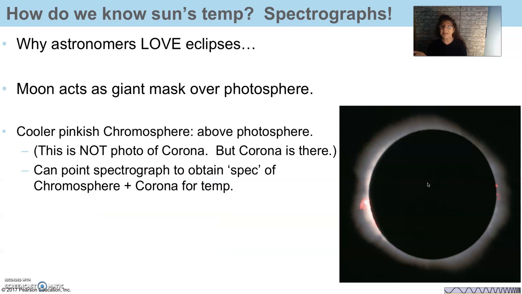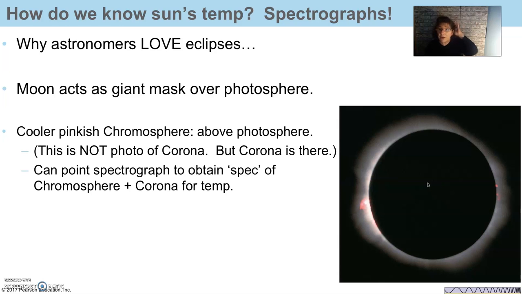The best mask of all is a solar eclipse, and this is why astronomers love eclipses. It's like a beautiful mask that is perfectly designed for the sun. When solar eclipses happen, they will cover the sun's photosphere. That leaves the sun's atmosphere exposed. If you point the spectrograph at the sun, it will record the wavelengths coming in just from the atmosphere.